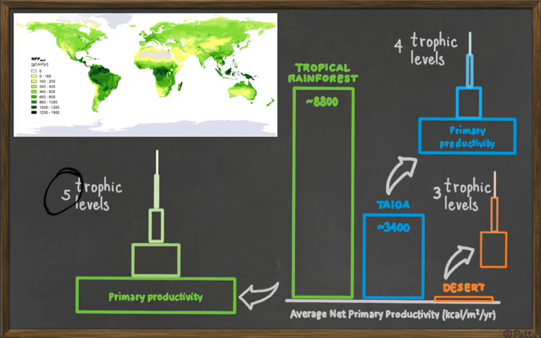But in a taiga, where you have less productivity, you're going to end up having fewer trophic levels. And if you have a desert with even less productivity, you're going to end up having only 3 trophic levels. So the more productivity, more trophic levels. So that means more species, more population that is going to be there. So this is a good example of how a bottom-up regulation of populations can happen just because of productivity, just because of light and water.